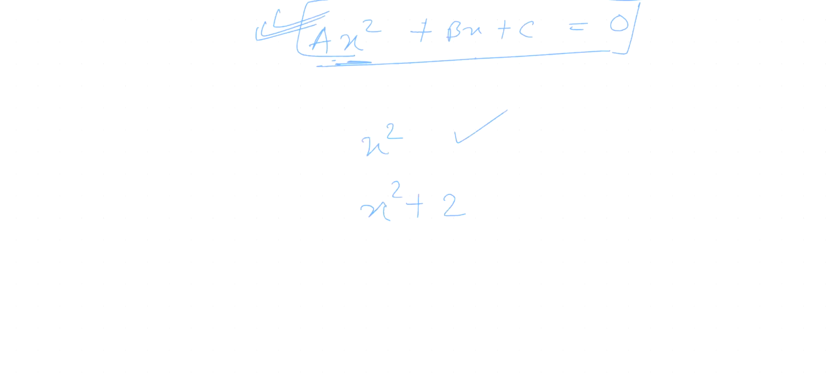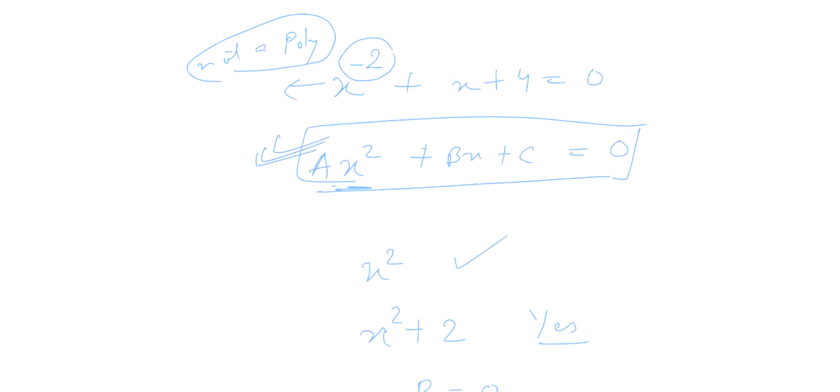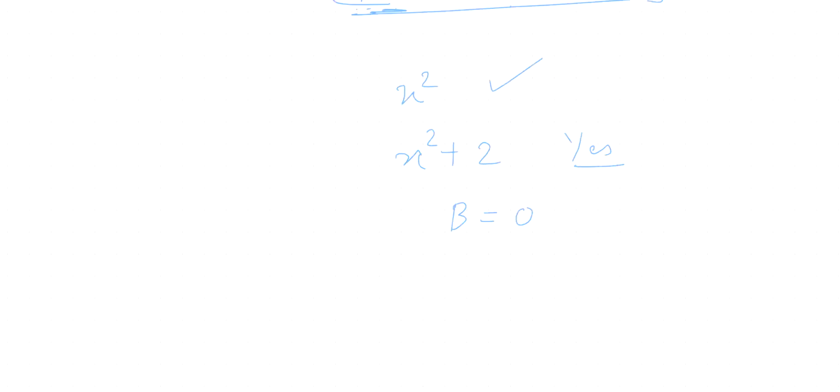Yes, it does. Why? I can tell b is 0. If b is 0, you substitute b over here, and all you get is ax square plus c. And you see that this follows the form. So this will still be a quadratic because the coefficient is real and it follows the standard form ax square plus bx plus c.